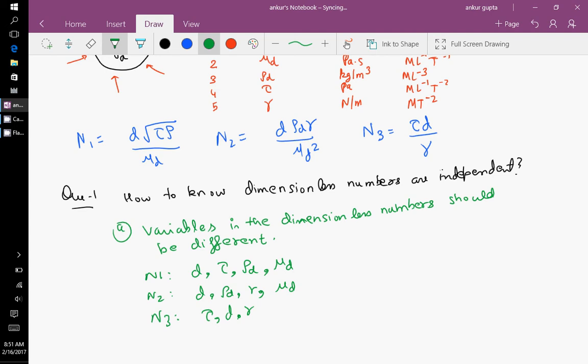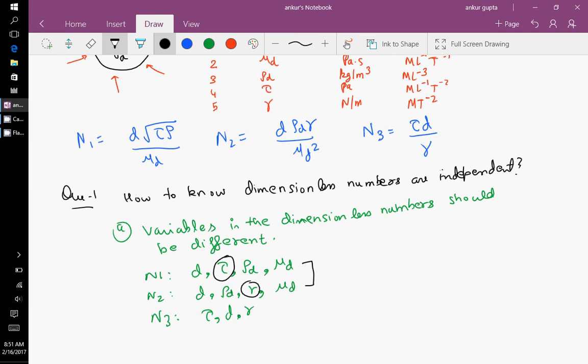Now, if we choose any combination of two, let's say if I take n1 and n2, n1 and n2 have different variables, because n1 has tau and n2 has gamma. So they have different variables that are included in n1 and n2.